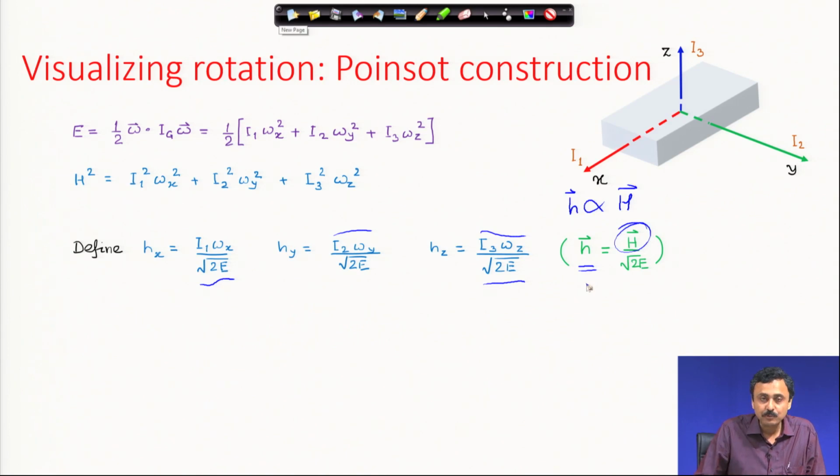Therefore, this h vector will also have a constant magnitude, because it is being divided by under root 2 e, which is a constant, and h is definitely a constant.